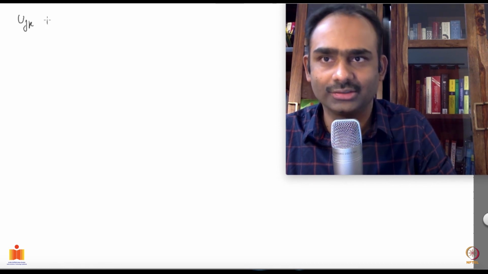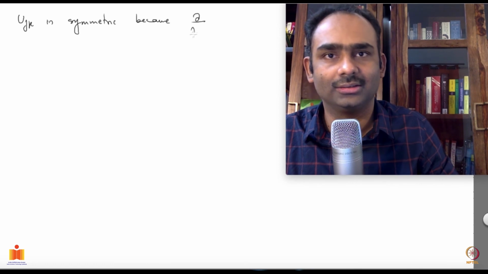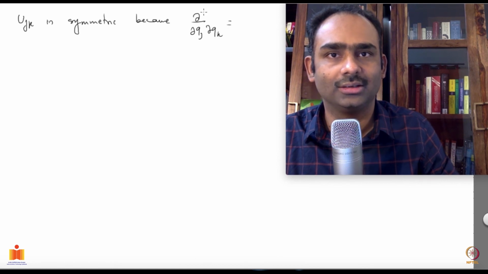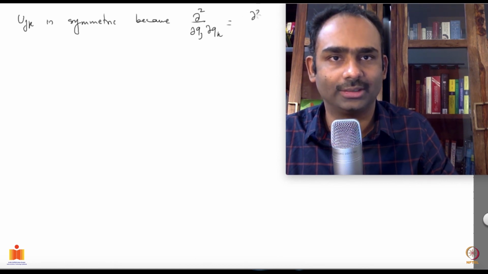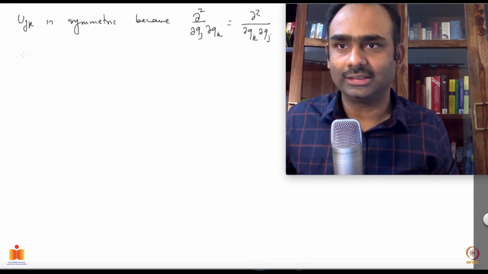U_JK is symmetric because in del Q_j del Q_k, this order does not matter. Okay, that's good. Now let's look at the kinetic term.